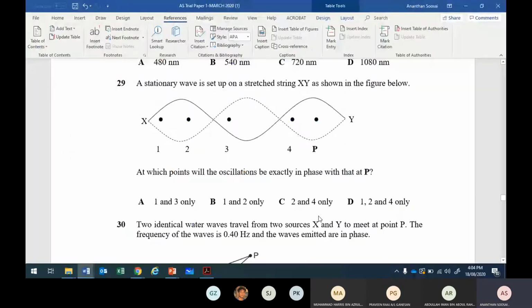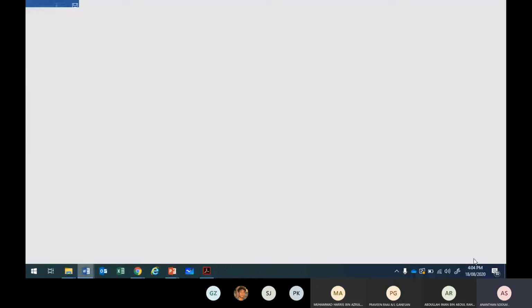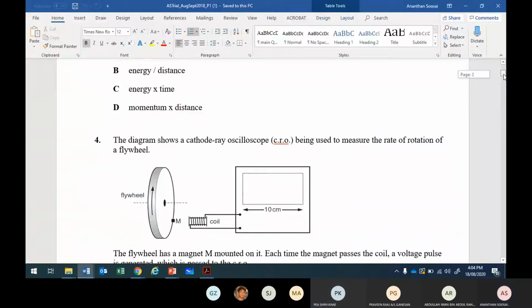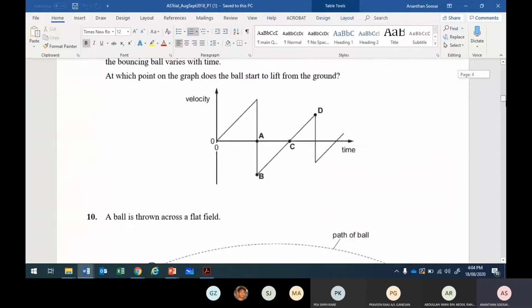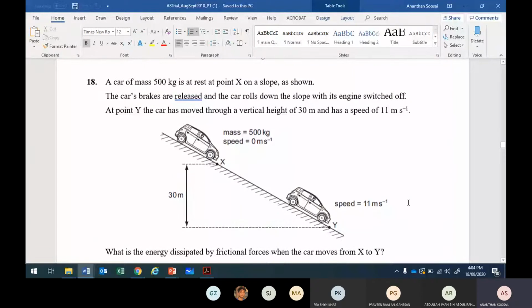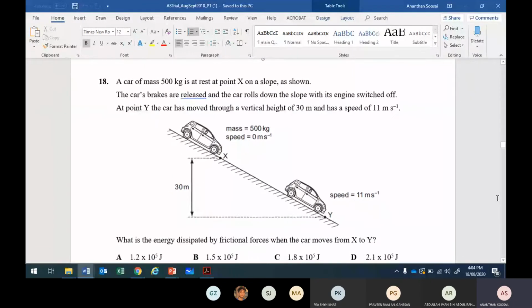Oh, sorry, not this one. So, do you have any questions still in this paper? 18. Oh, 18. Okay, good. So we go to 18. Okay, question 18.